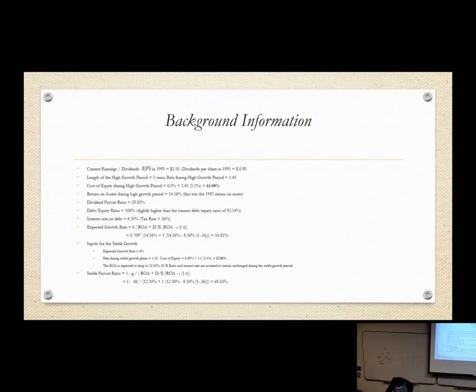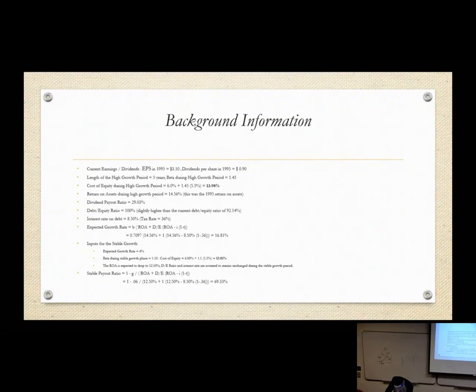And then return on assets, 14.56%, the dividend payout ratio, the debt ratio, and you also look at interest rates on debt. Expected growth can be estimated based on ROA. Or you can get ROE directly, but it will be the same. So your estimated growth rate would be a little less than 17%.